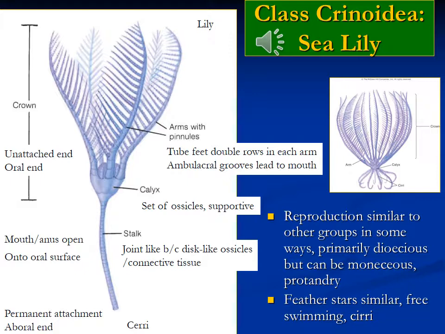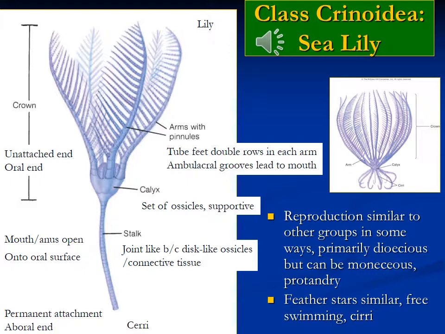The arms have structures that radiate off of them called pinnules, and these support tube feet. There's double rows in each arm, and the ambulacral grooves lead to the mouth, as I mentioned before. But what's supporting the arms and the pinnules is a set of ossicles that make up a supportive calyx.